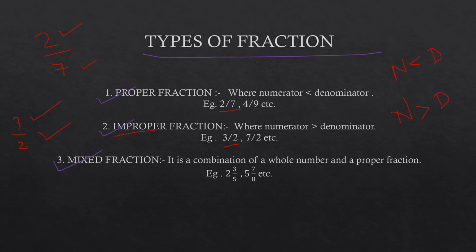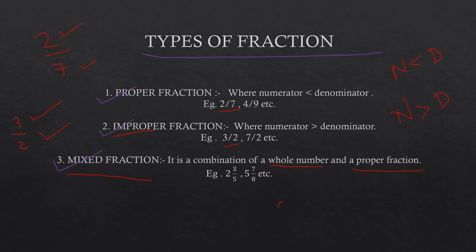Next, it is the mixed fraction. A mixed fraction is a combination. It is a combo pack. It is a combination of a whole number and a proper fraction. You know what a proper fraction is: the numerator is less than the denominator. And what is a whole number? All natural numbers with 0 are taken as whole numbers.